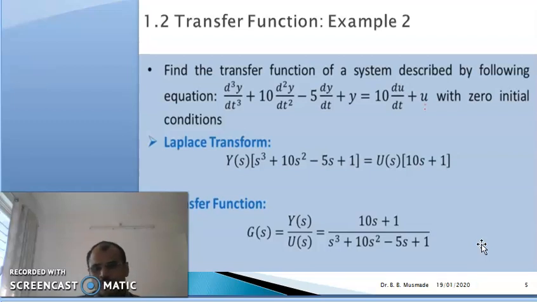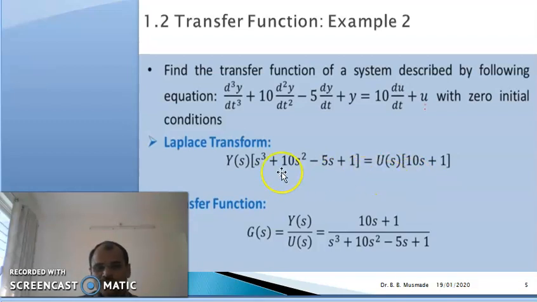So the situation is very simple. We have the model equation, we have input and output variables. So let's take the Laplace transform of this operating equation. Taking Laplace transform of both sides, we get Y of s, and the remainder is shown in square brackets, s cube plus 10 s square minus 5 s plus 1, which is equal to the Laplace transform of the right hand side as U of s, and the remainder is 10 s plus 1 in brackets.